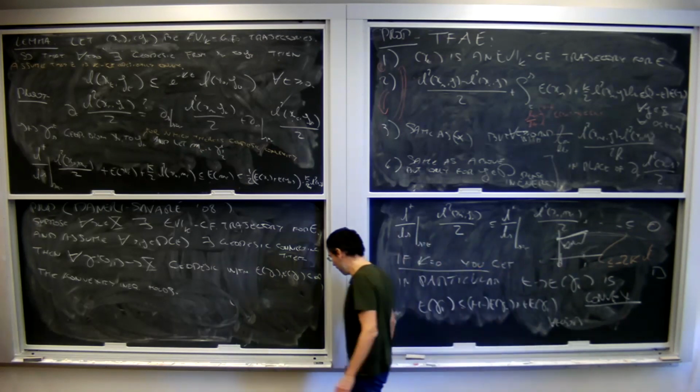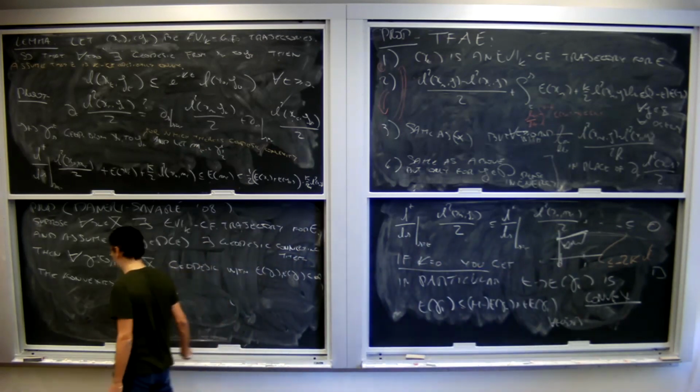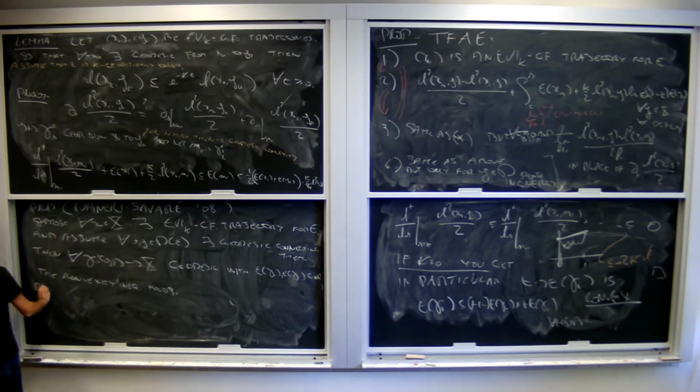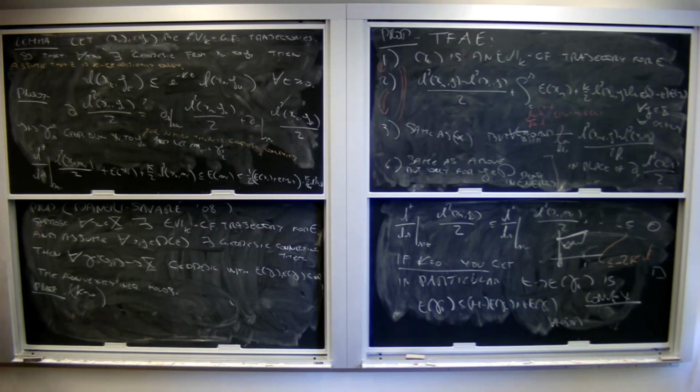And the proof, luckily, is trivial. The statement is deep, but the proof is trivial. Let me do the case K equals 0. What do I do?